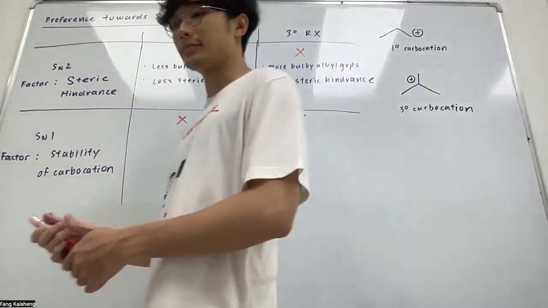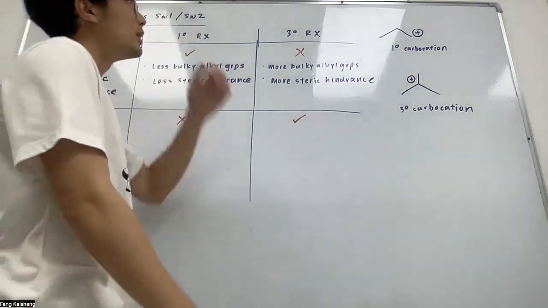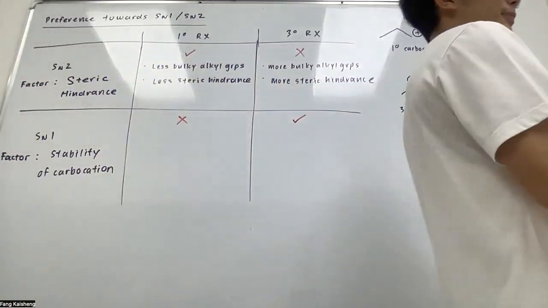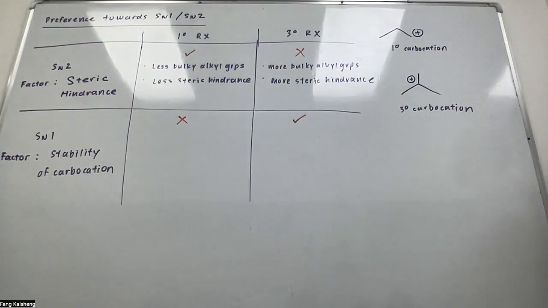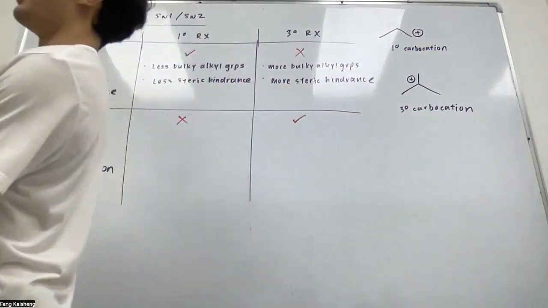With those diagrams, I hope it helps. How do you know which one is more stable? Tertiary is more stable.